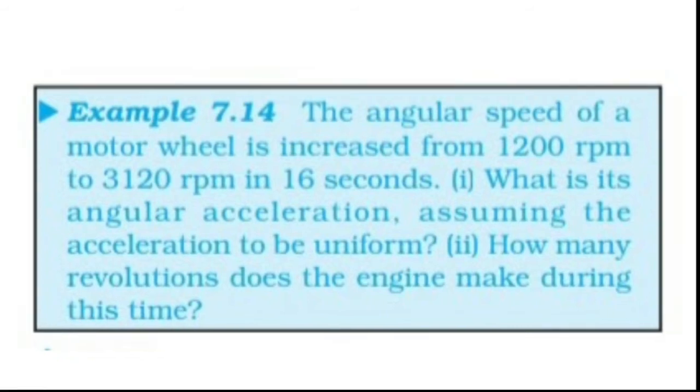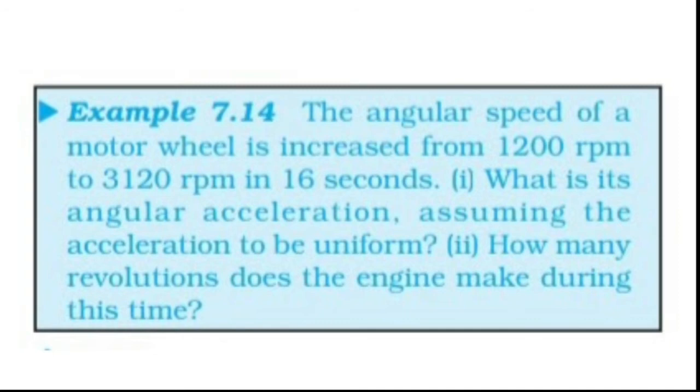Here, angular speed or angular velocity is given in the unit rpm. RPM means rotations or revolutions per minute. So it's not given per second, it's given per minute. So 1200 rpm and 3120 rpm.